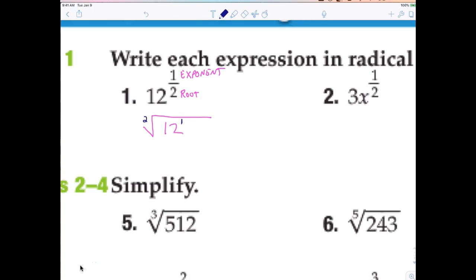Now, for a radical, it is not necessary to put the 2 there, just like it's not necessary to put the 1 as that exponent. I'm simply showing you that if you have 12 to the 1/2, the numerator represents the power and the denominator represents the root.